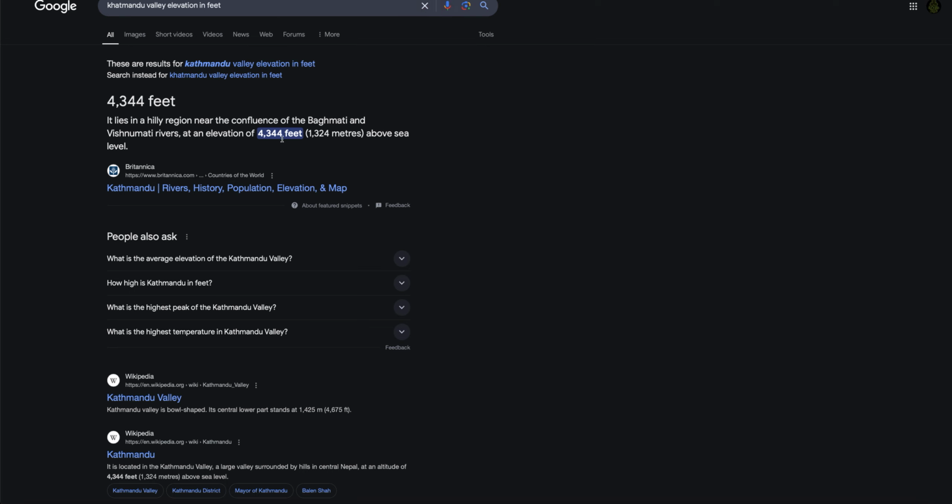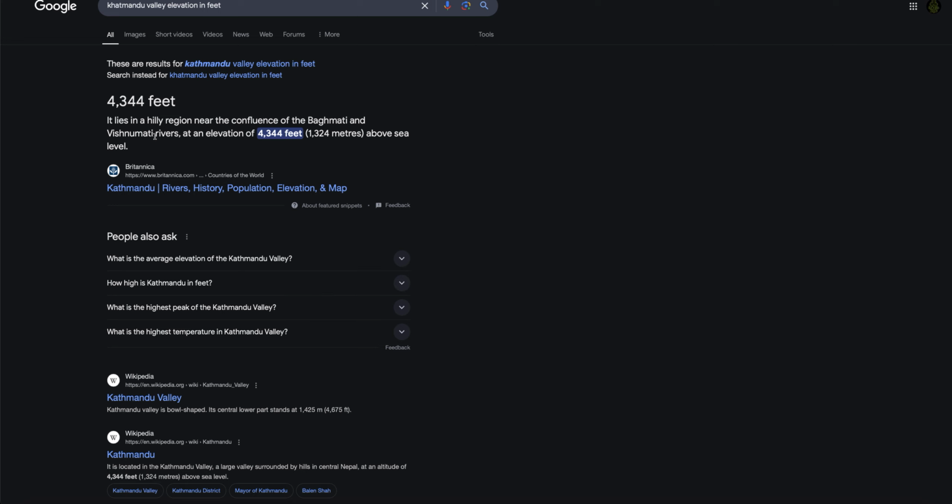But what we have is people claiming that they measured the height of Mount Everest. Part of the measurement of Mount Everest and its elevation was done by people close on 100 miles away, which Kathmandu Valley is. I think it's 94 or something, so between 94 and 100 miles.